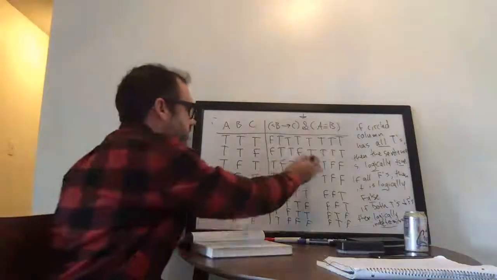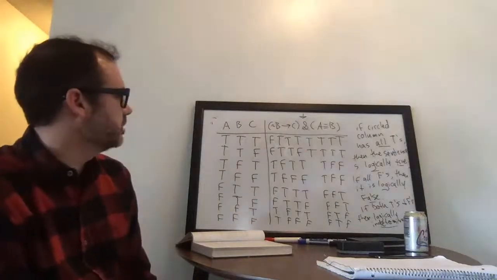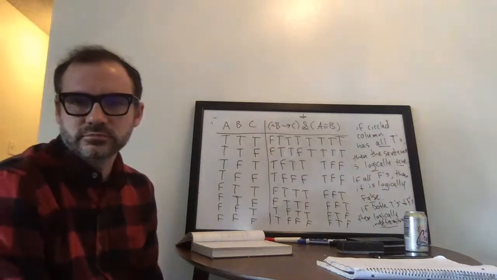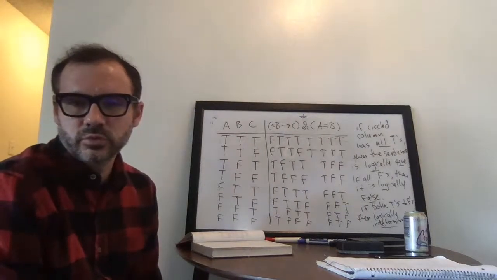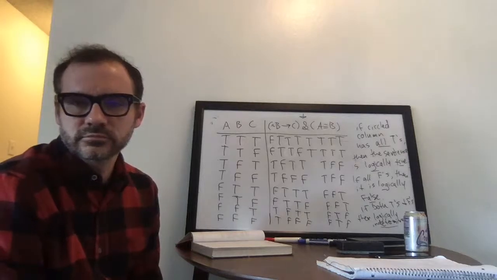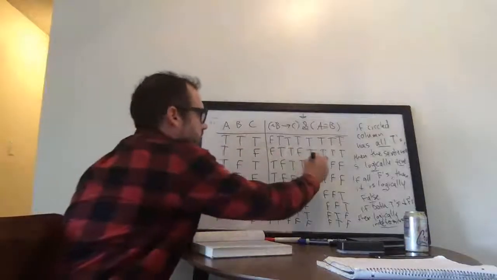So let's go to the third case then. Row 3. Tell me about row 3. This should say T or F. Row 3. F, F, good. That's correct. Tell me why.